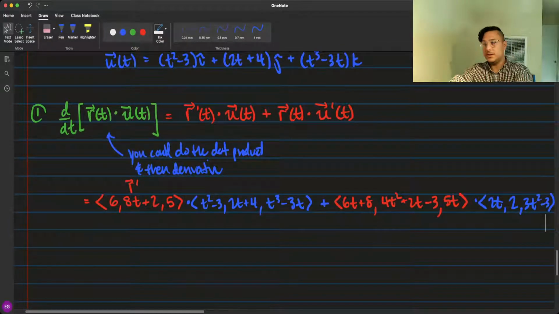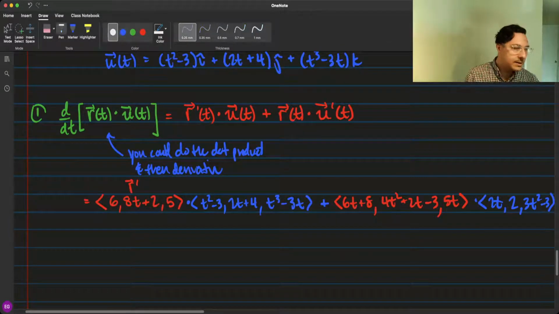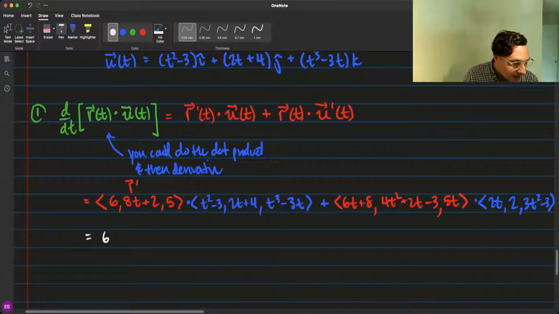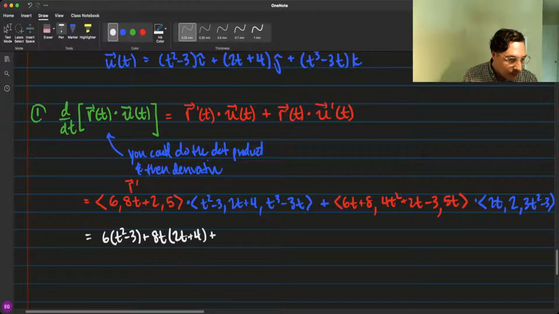So you keep trucking. We have to dot all of this. Remember, the way the dot product works is you multiply by components. So you're going to get 6 times t cubed minus 3 plus 8t times 2t plus 4 plus 5 times t cubed minus 3t.